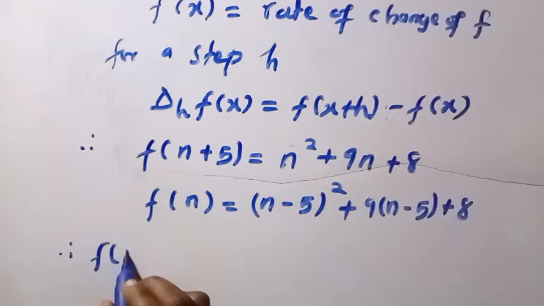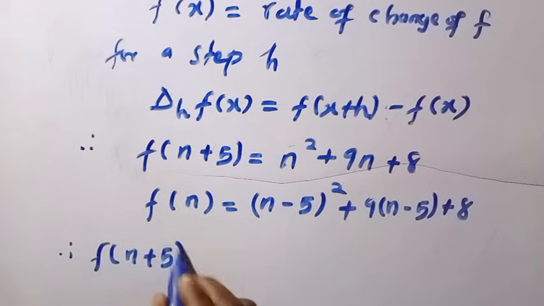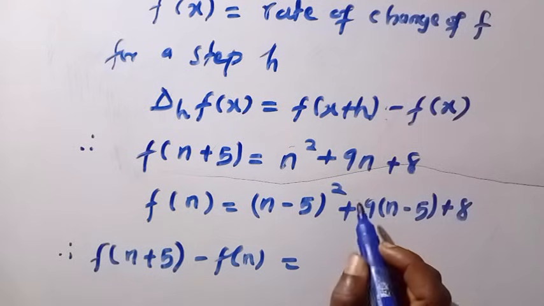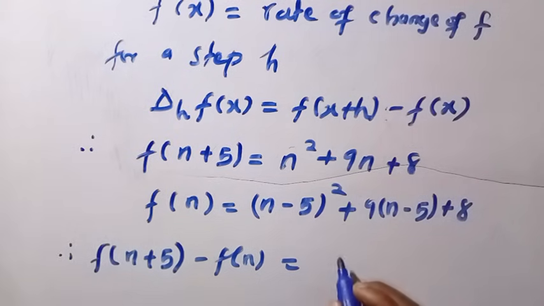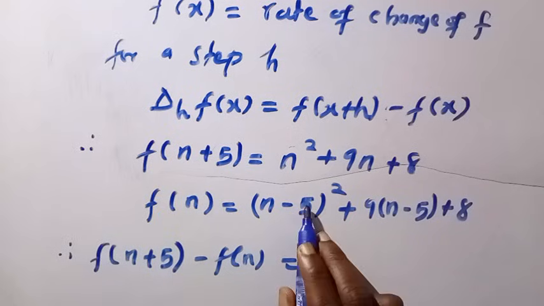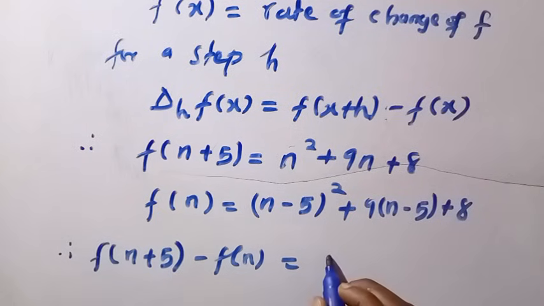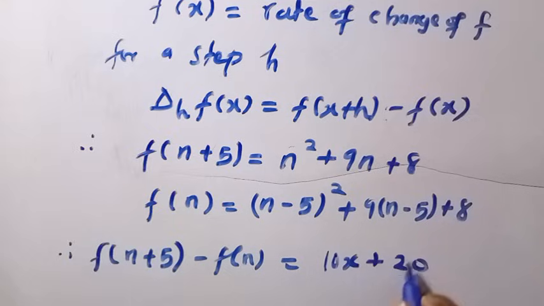f of n plus 5 minus f of n. When we expand this and subtract them from each other, we are going to have 10n plus 20. So this is what we have after subtracting.